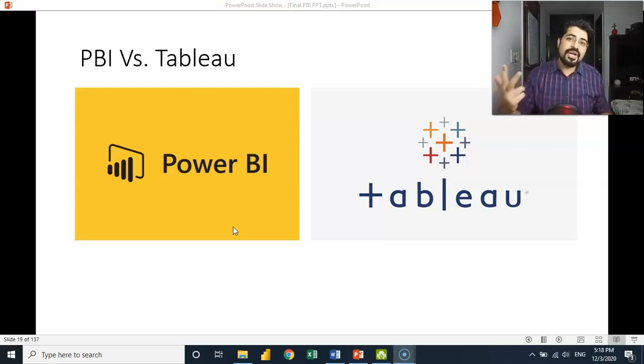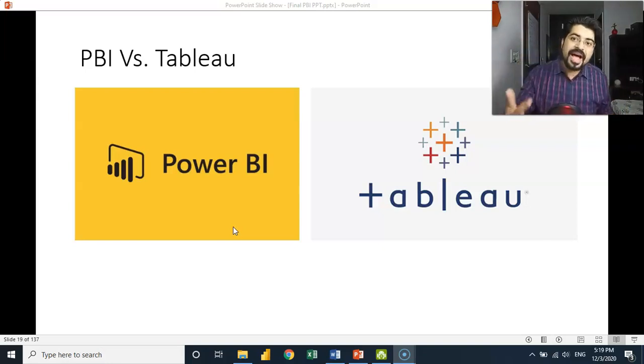The third one I would talk about is the visuals that we have in Power BI and Tableau. If you talk about visuals, clearly in Tableau, the visuals are very smooth, right? On the other hand, Power BI is improving on a monthly basis. That is what I like about Power BI a lot.